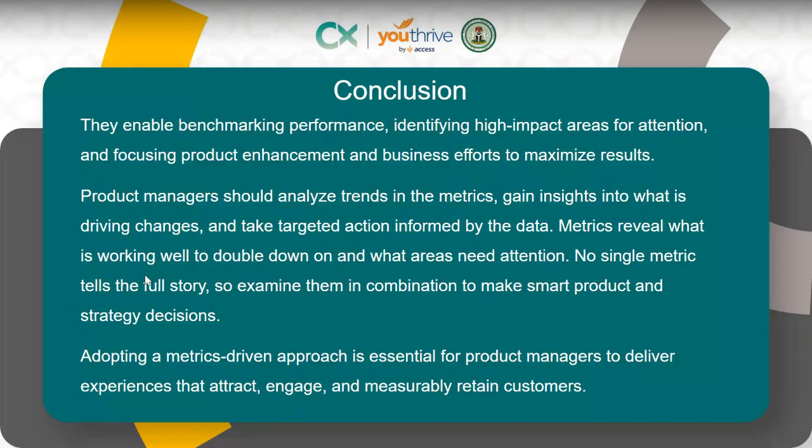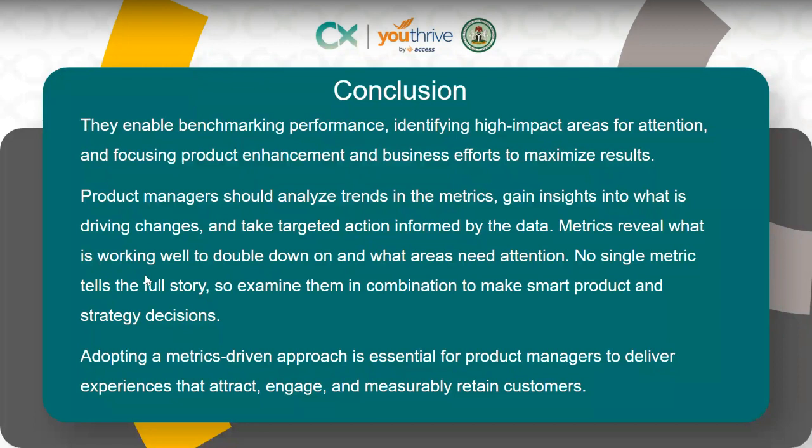So as a product manager, you should analyze trends in these metrics, gain insight into what is driving changes, and take targeted action informed by this data. Review metrics to see what is working well to double down on, and what area needs attention. So you need to observe every day or every period of time.